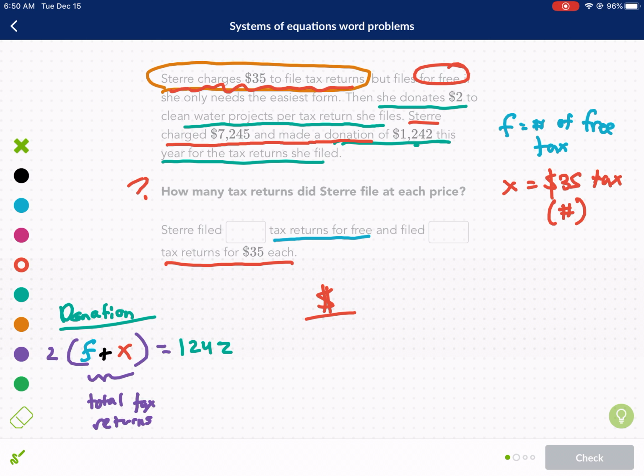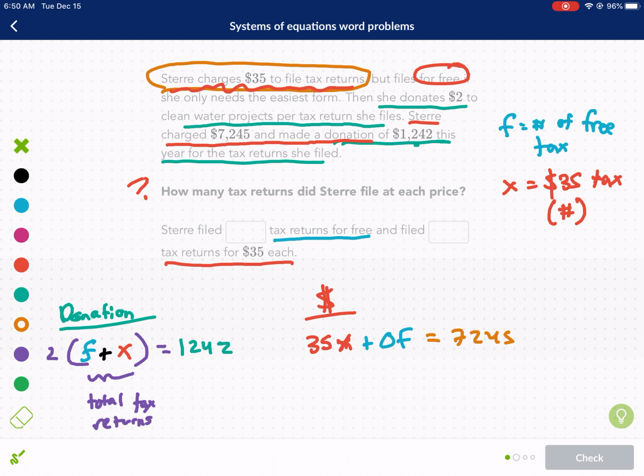For our money equation, we know that she charges $35 per, that means times, per tax return of the complicated variety. For free ones, she charges $0. And we know that the total was $7,245.